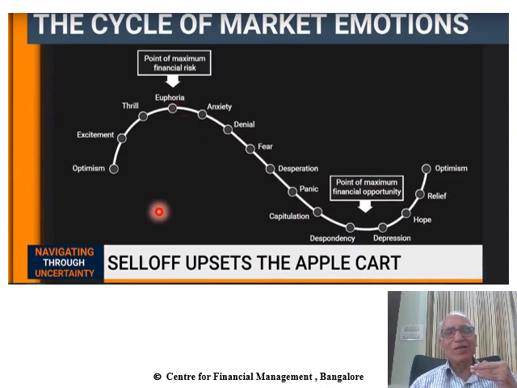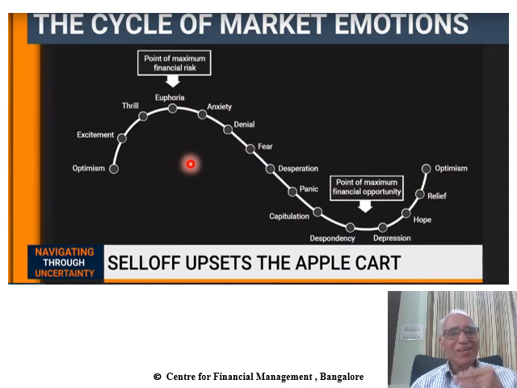They believe the market moves in a cycle in response to changing investor emotions or sentiments. Optimism, excitement, thrill, and euphoria can lead to irrational exuberance and elevated stock prices.